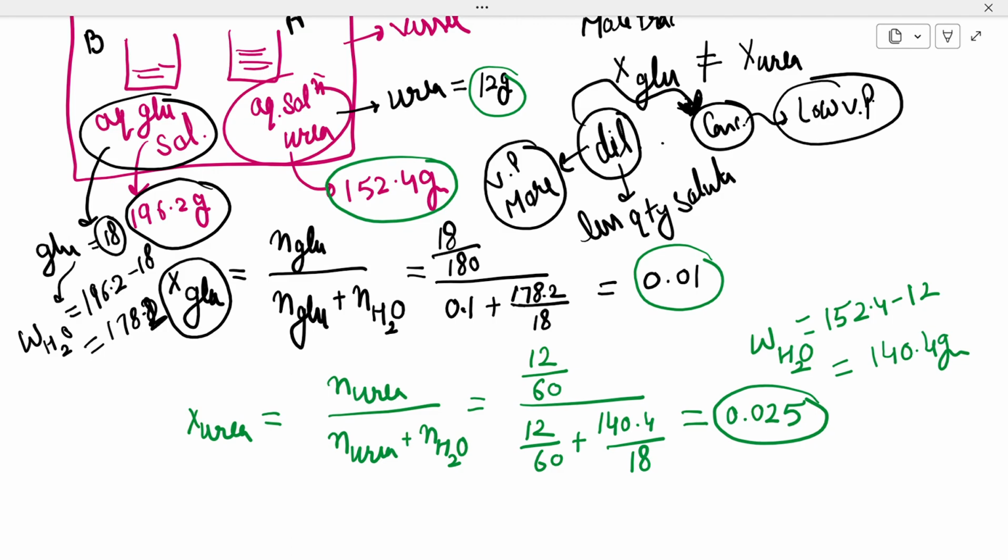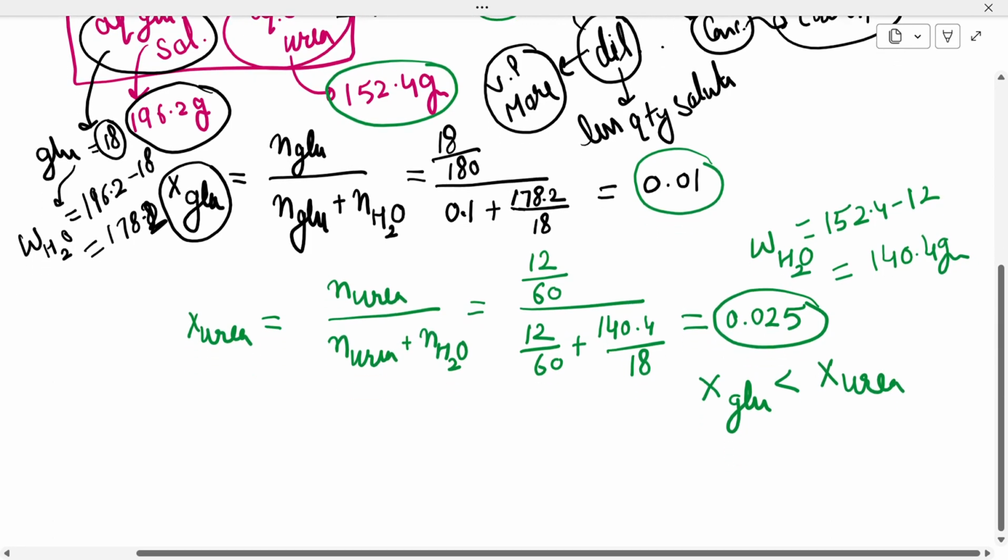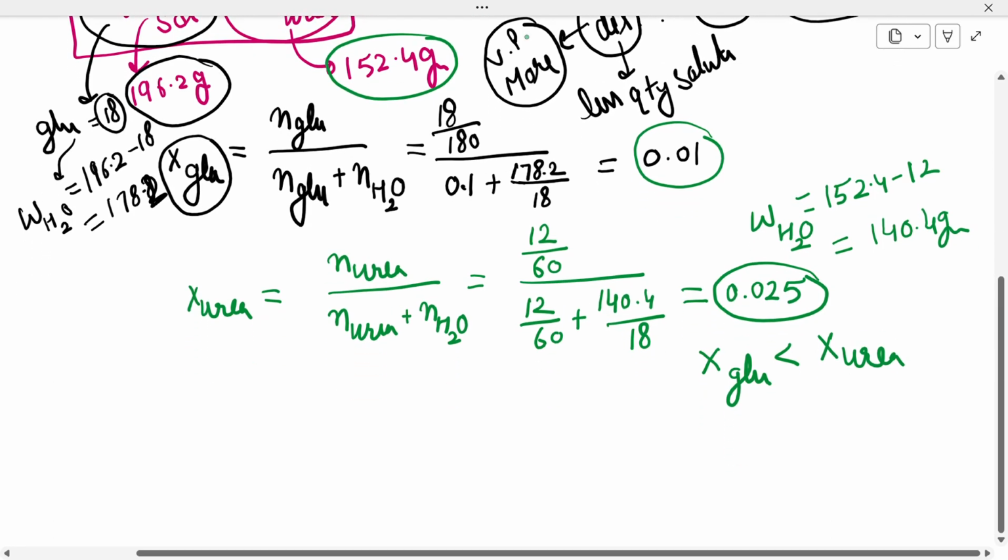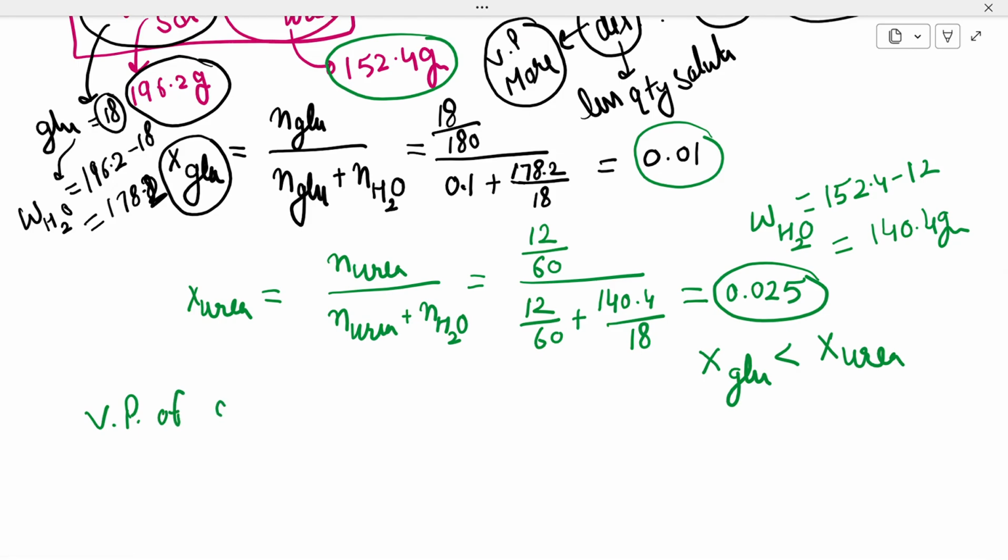If we calculate it, it will come to 0.025. So we can observe the mole fraction of glucose and the mole fraction of urea. So we can say the mole fraction of glucose is lesser than the mole fraction of urea.